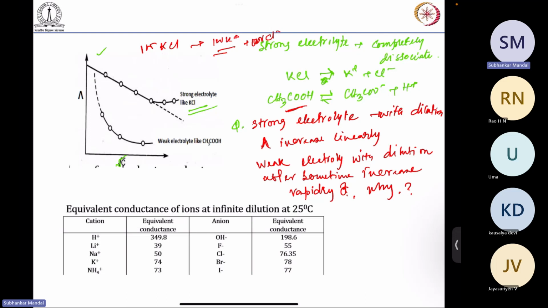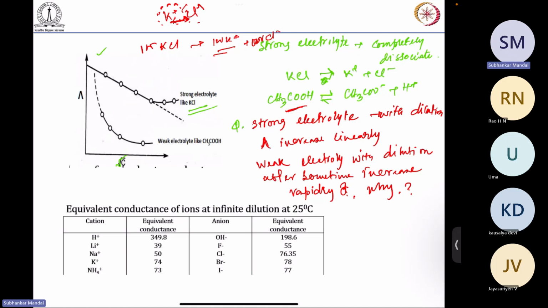If you increase the dilution of a strong electrolyte, initially you have K plus and Cl minus, and they are hydrated, so there is some interaction between K plus and Cl minus.